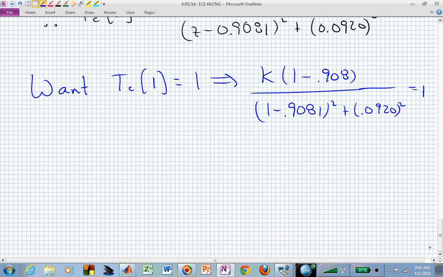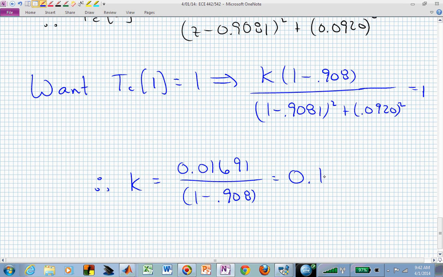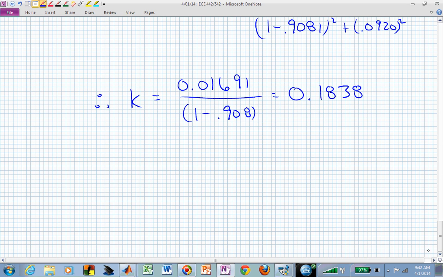If you do the algebra, k ends up being the denominator expression evaluated. Multiplying that through on both sides, I end up with 0.01691 over the 1 minus 0.908, which ends up being 0.1838.